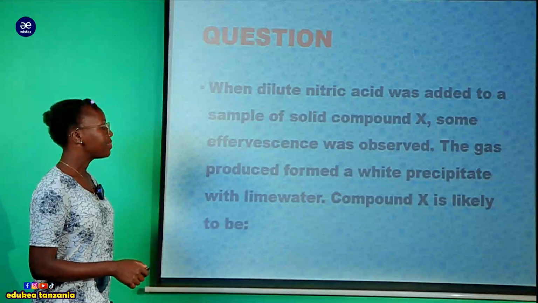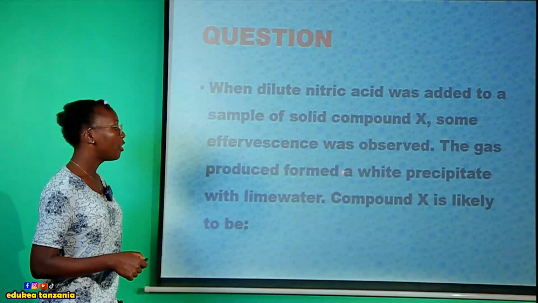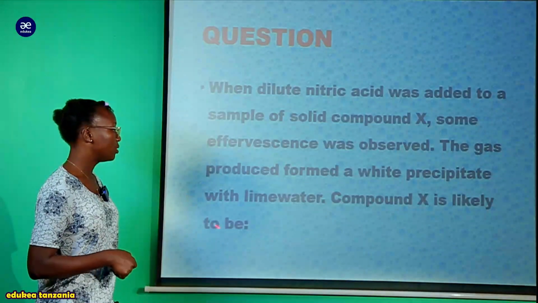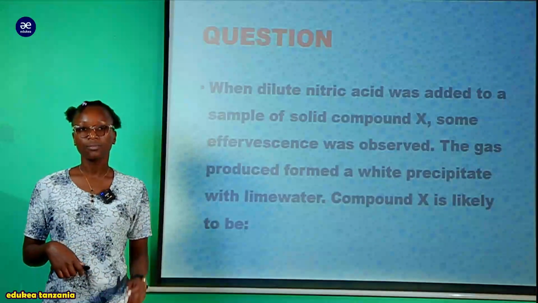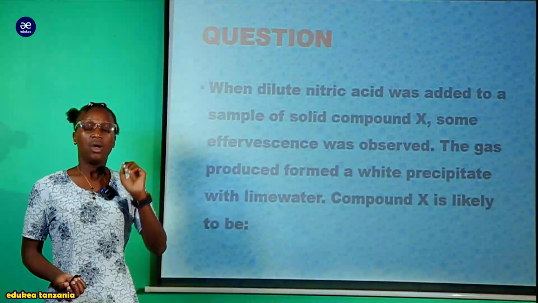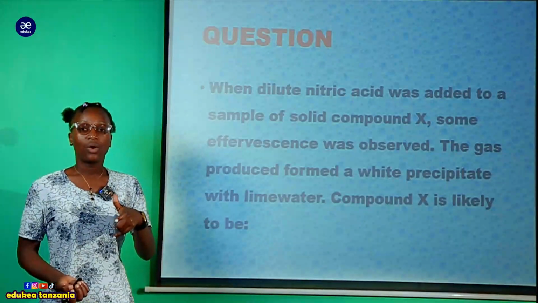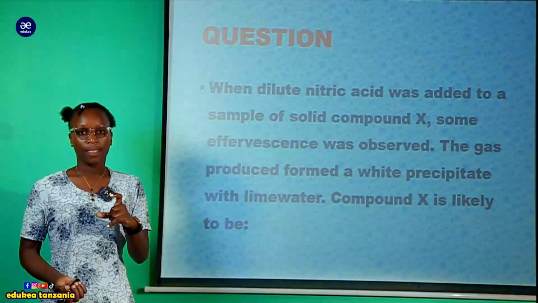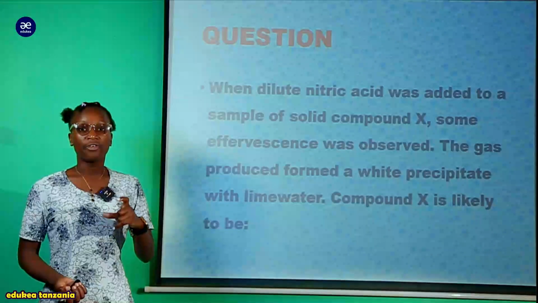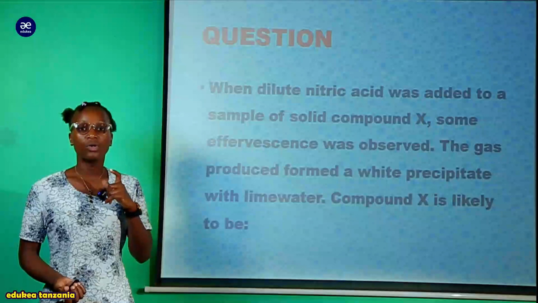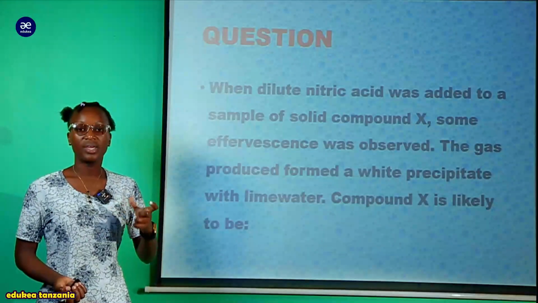Okay, anasema the gas produced formed a white precipitate with the lime water. Which kind of gas? You have to note that always unapofanya reaction ukaobserve hizo kind of effervescences or bubbles, it means kuna gas ambayo ina escape.